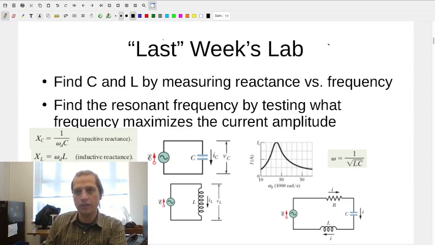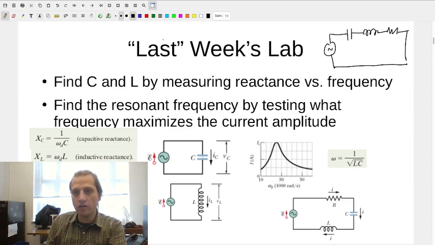So that was where we had a function generator, and then we put a capacitor and an inductor, and there was some internal resistance there. And then you check what happens to the current. So we put an ammeter into our circuit, and at some particular frequency, that current is maximized.